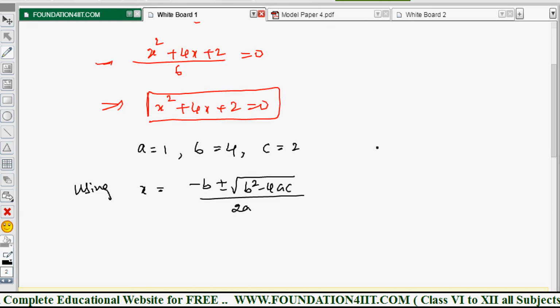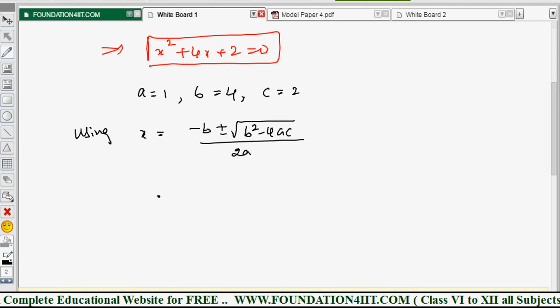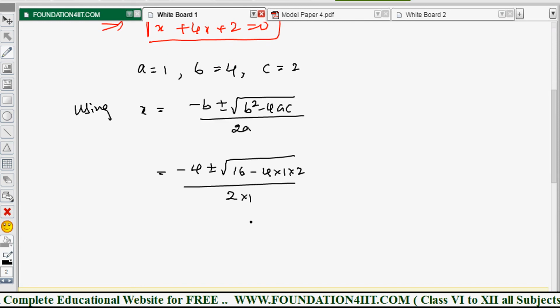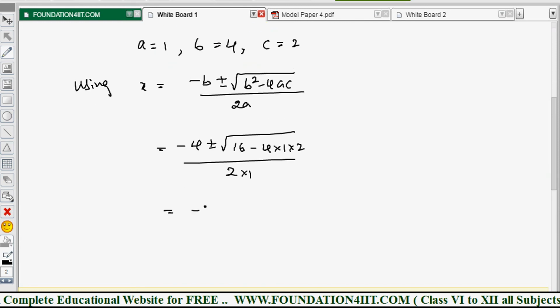Right? So this is the formula. We'll apply in this. Then x is equals to minus 4 plus or minus square root of b square. So 4 square is 16 minus 4ac. So 4 into 1 into 2, divided by 2a. So 2 into 1. Just to simplify this. Then minus 4 plus or minus square root of 16 minus 8. That is 8.